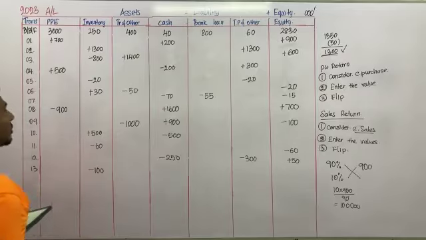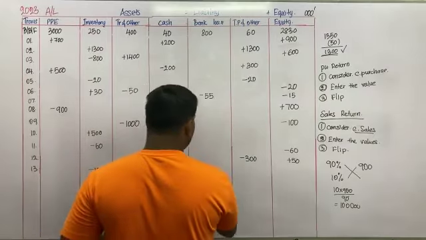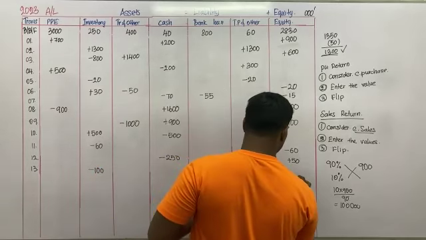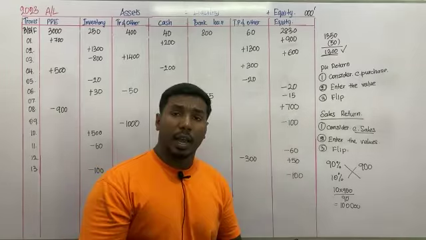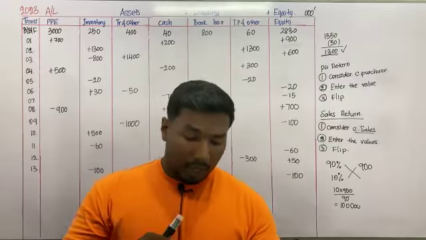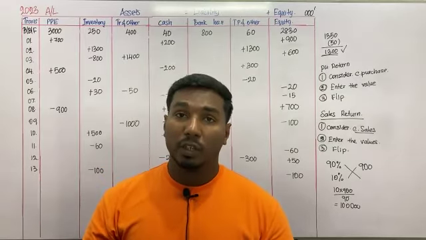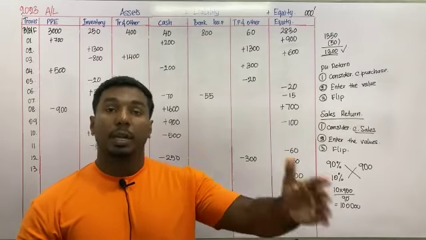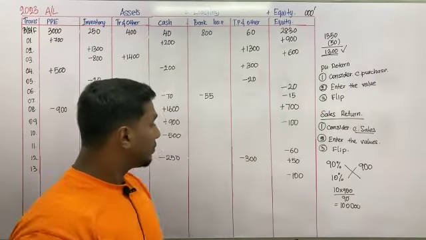100,000 goods were destroyed and goods destroyed was an expense. After that, the insurance company agreed to pay 80% of this loss. So the insurance company agreed to pay 80%, which means our loss is going to minimize.